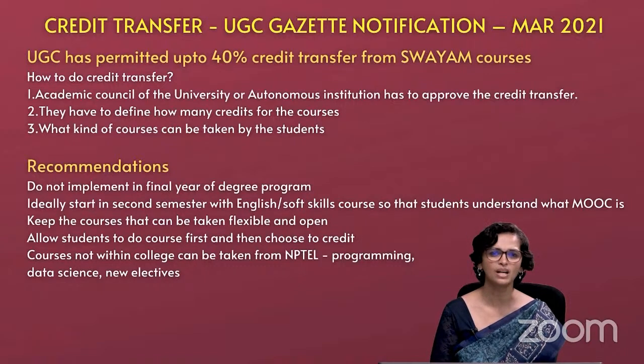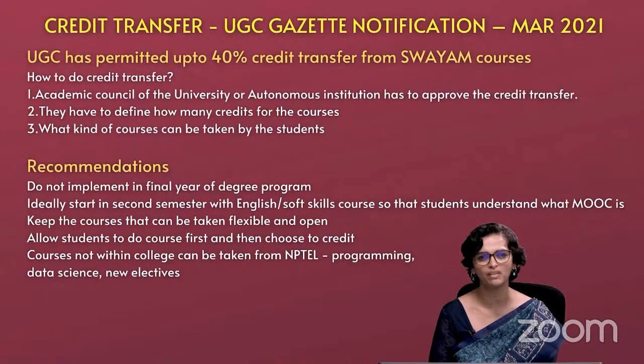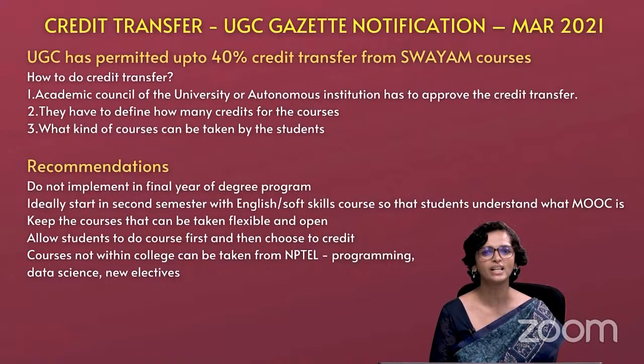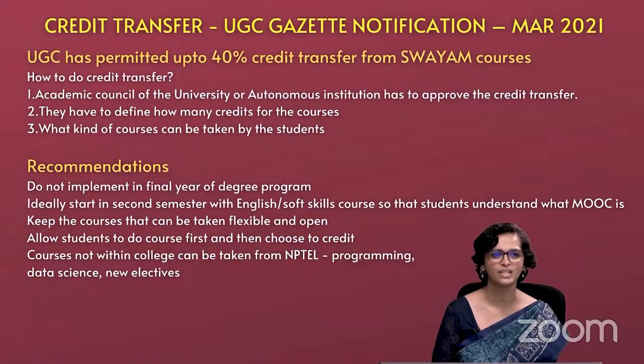The courses to start off with might be something like soft skills, training in English, or learning a language, because what components an online course has and what they have to do every week as part of the course may not be very clear to students. These kinds of courses, which are a little easier than the core technical courses, might be a good way to start the learners off on taking courses for credit transfer.